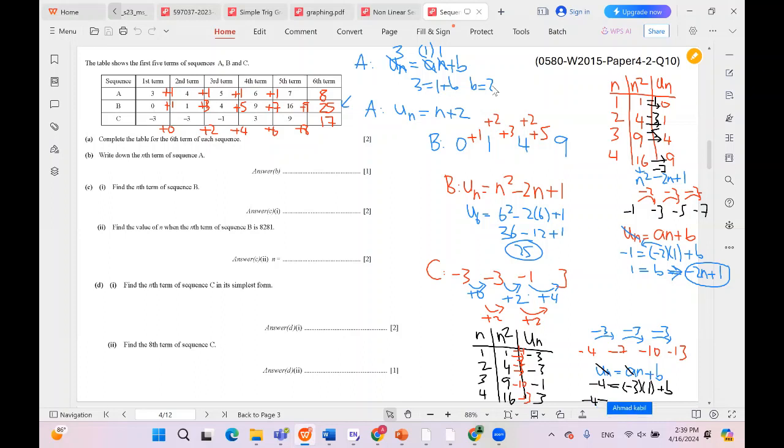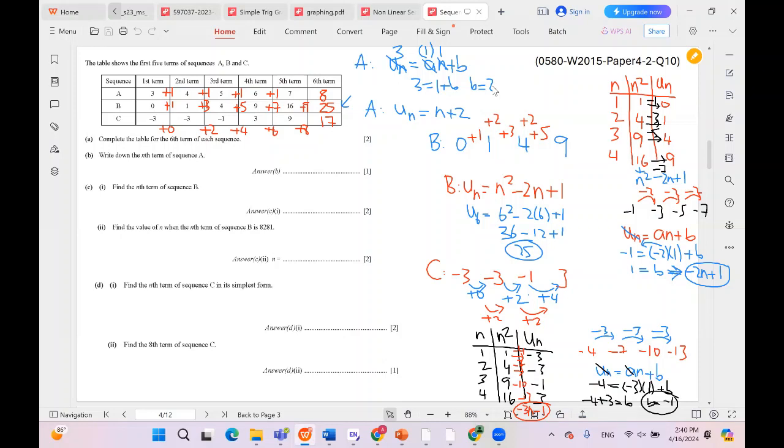So -4 plus 3 equals b. So b equals -1. This is the value of b. So therefore, the sequence here is -3n minus 1. And of course, you have to add the n squared itself.